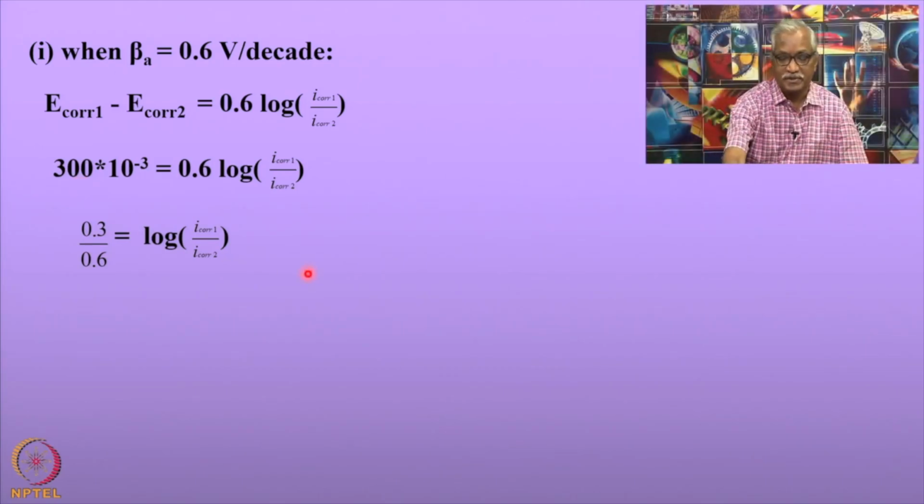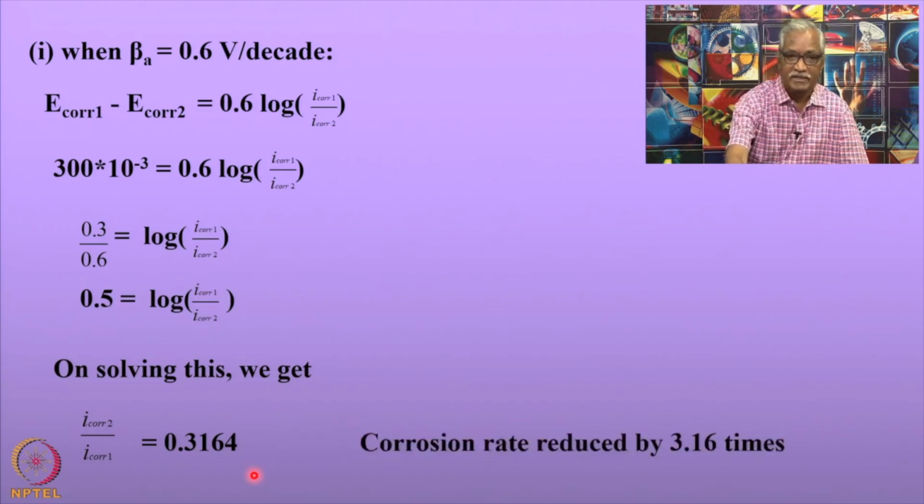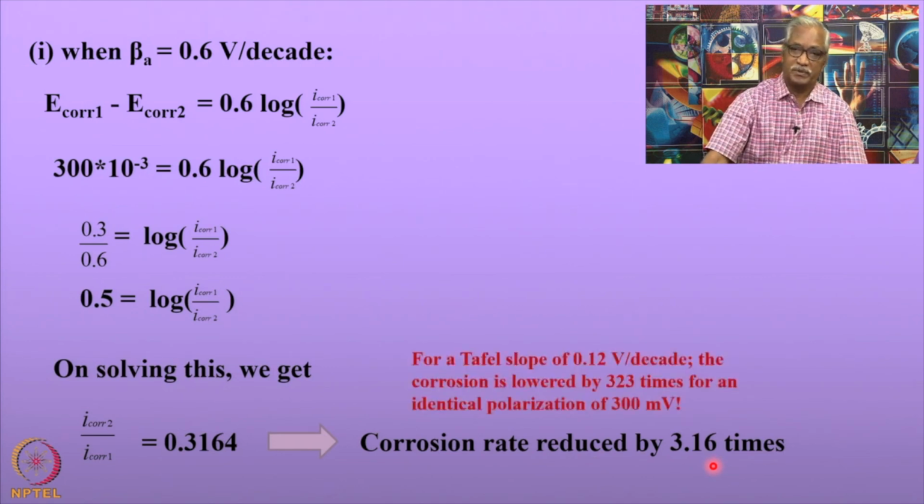Then as a consequence, you will see that the ratio of the final corrosion rate to the initial corrosion rate turns out to be 0.3164, which amounts to just about 3.16 times. So, just compare these two values.